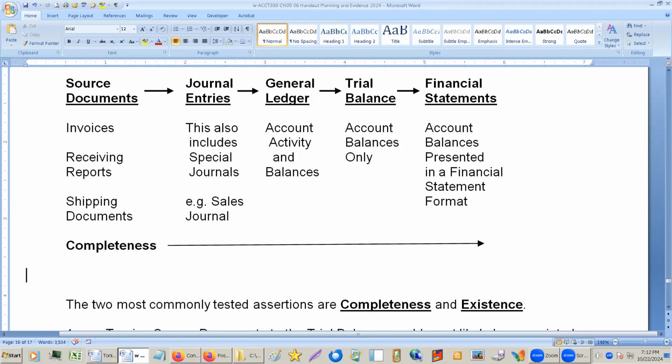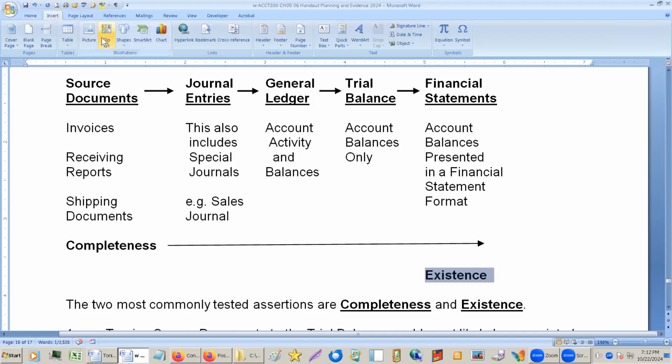And that is existence. That is, do these amounts that are on the financial statements actually exist? And for that, you're going to go back.